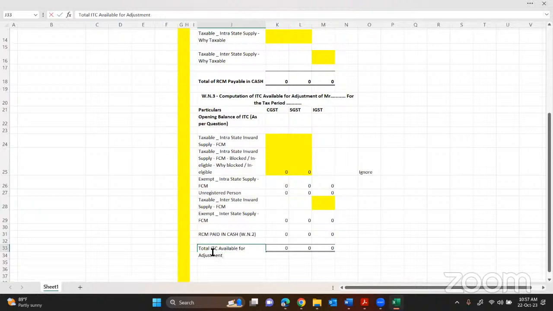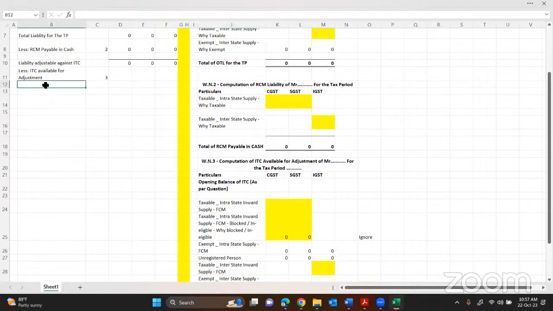My dear brothers and sisters, remember, you have to bring this over here. First, you should adjust IGST. Second is CGST. Third is SGST. In this order only you should adjust.